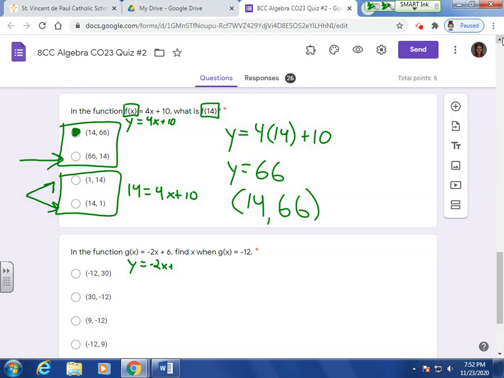So when we say in the function y equals negative 2x plus 6, find x when y equals negative 12, literally replace g of x with the y variable. So you're going to plug in negative 12 for y, and you are going to find x.